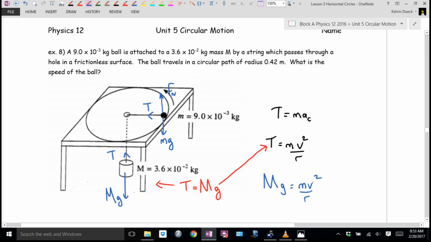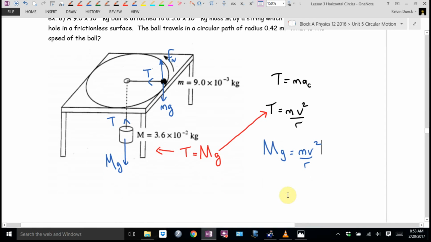Now this time the masses don't cancel because those are very different masses. But now I can get the v by itself. I think we're going to times by r, divide by little m, square root. I think the speed is going to be the square root of big M g times r divided by little m.